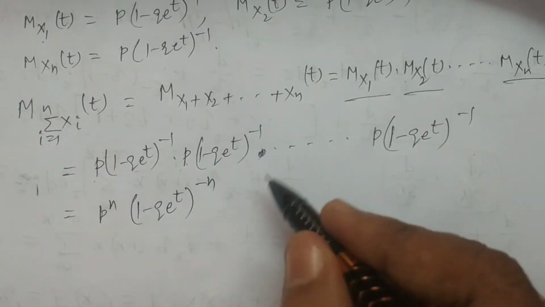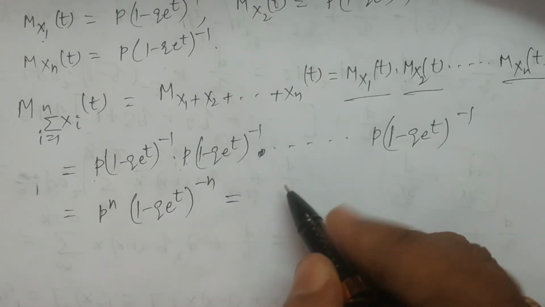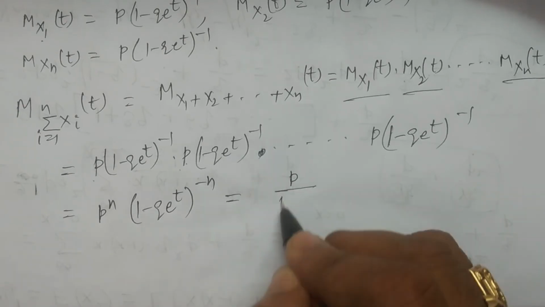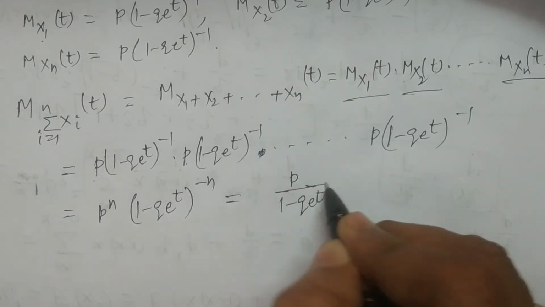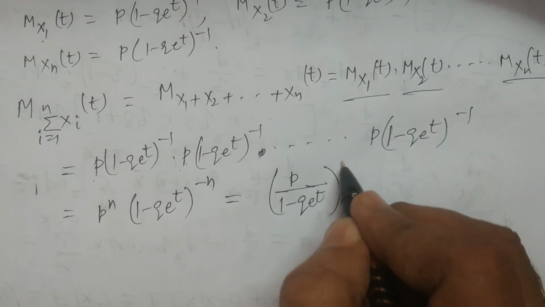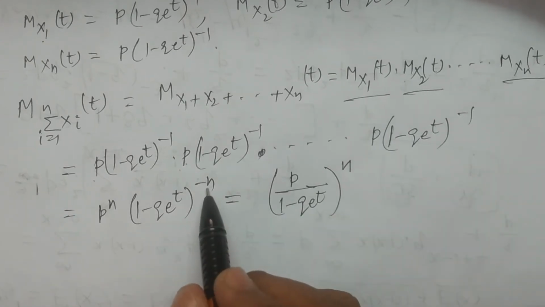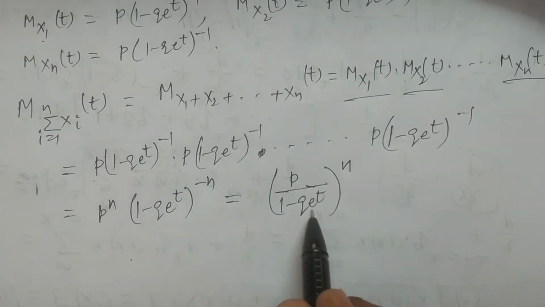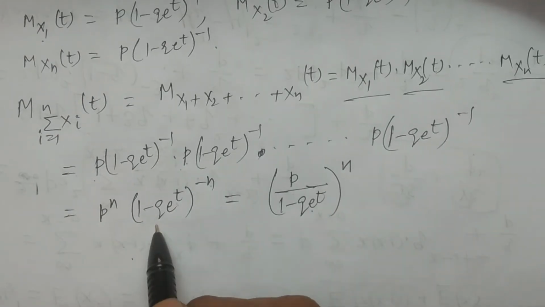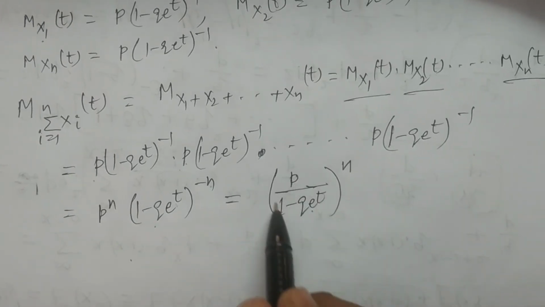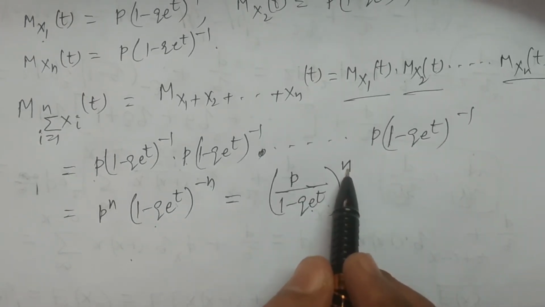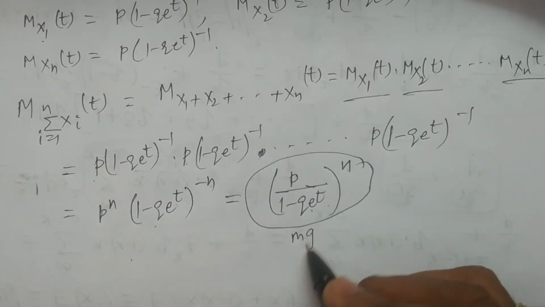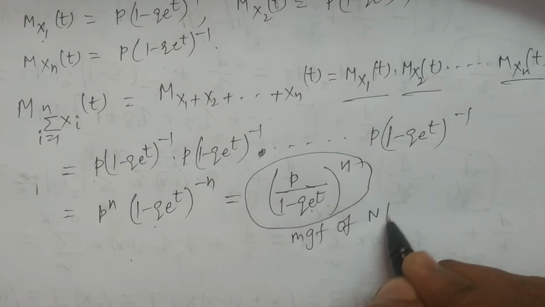If you write it in the form of the moment generating function of the negative binomial distribution, p divided by (1 minus q e^t) the whole power n, because the power is minus n, therefore you can take it in the denominator. So this looks like the moment generating function of the negative binomial distribution.